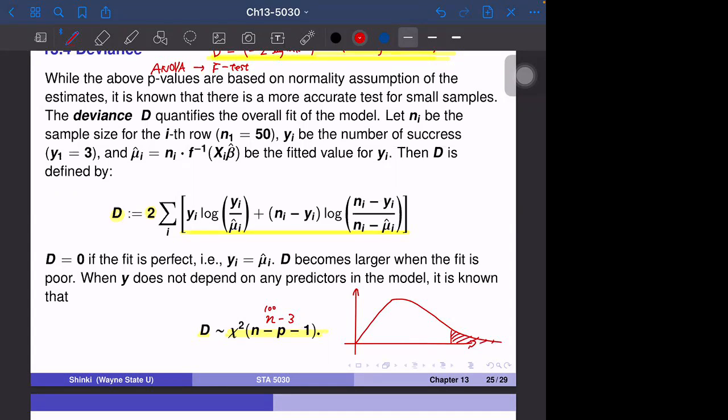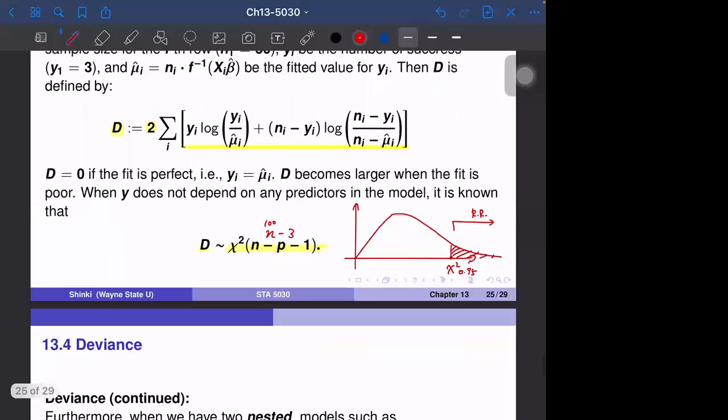Like this, and we reject our model against the beta model if D exceeds some threshold, maybe the 95th percentile of this distribution. So this is the rejection region. So with large D, we reject our model for a beta model.